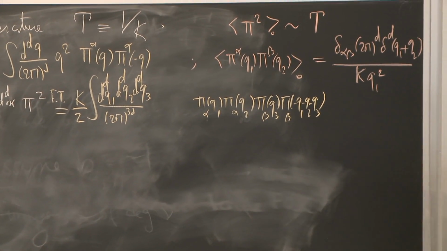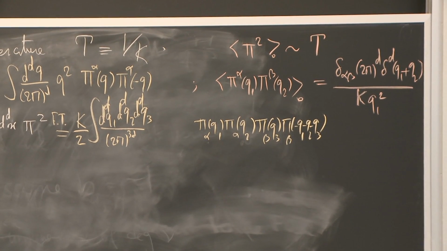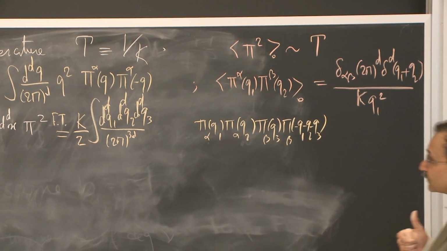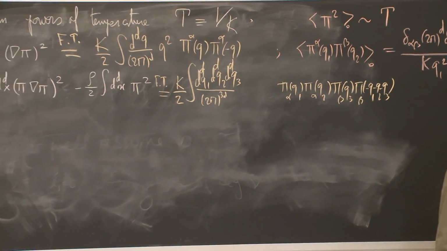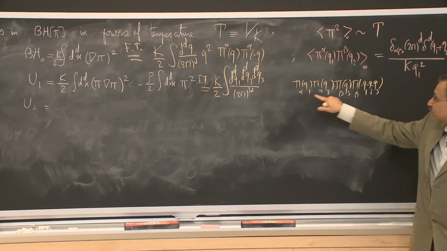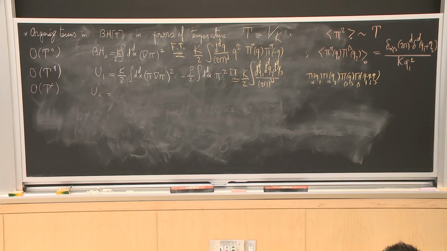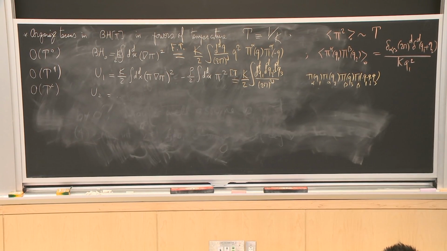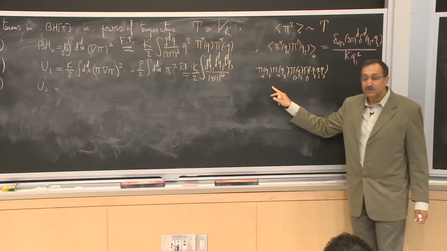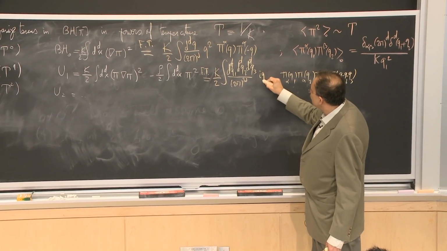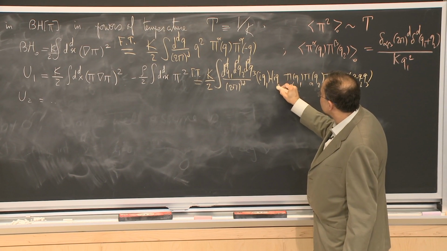Now, if I had just written this, this would have been the Fourier transform of my usual 4th order interaction, but that's not what I have because I have 2 additional gradients. And so for 2 of these factors, I had to take the gradient first. And every time I take the gradient in Fourier space, I will bring a factor of iq. So I will have here iq1 dotted with iq, let's say 3.